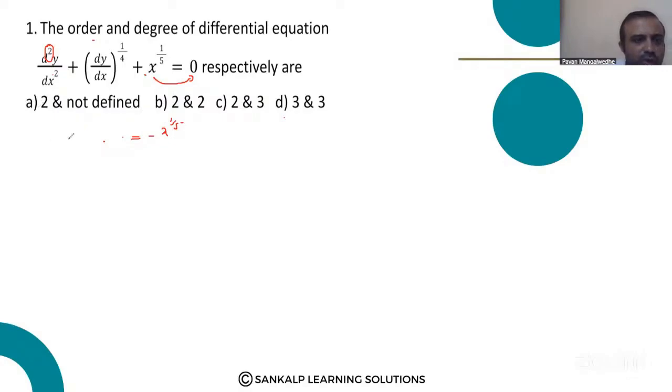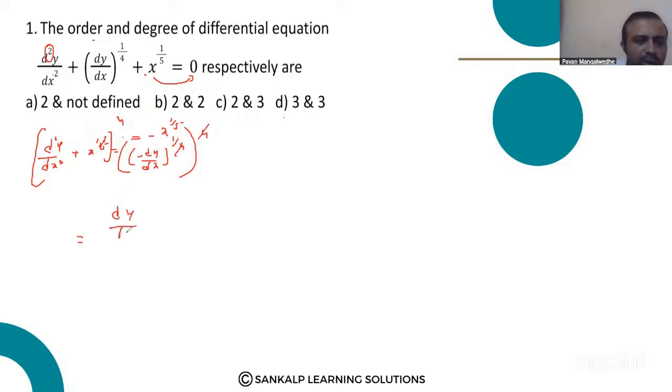So d square y by dx square plus x raised to 1 by 5 is equal to minus dy by dx raised to 1 by 4, which means that when it is raised to the power 4, the 4 and 4 got cancelled. So it is left with what?